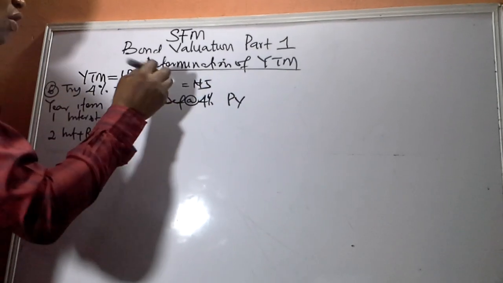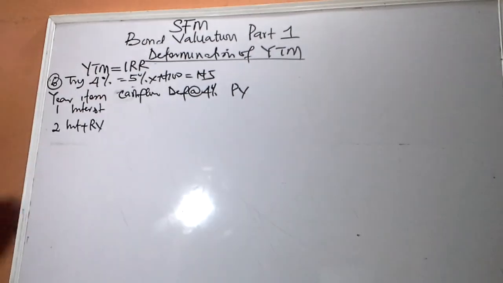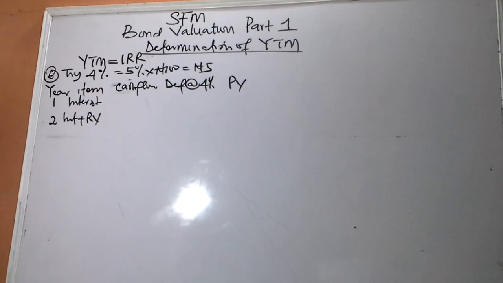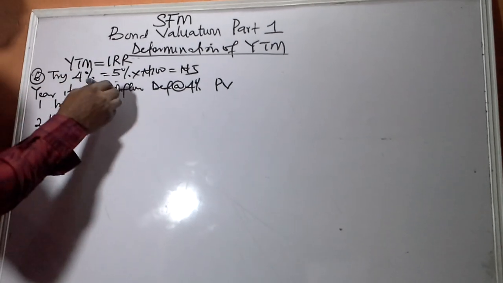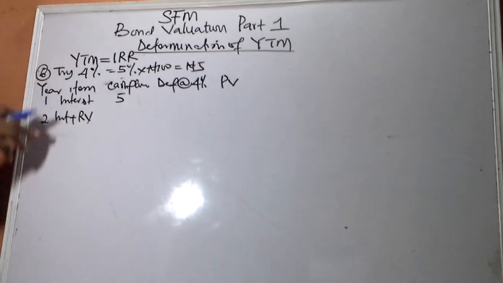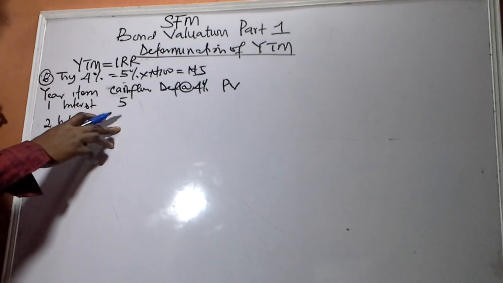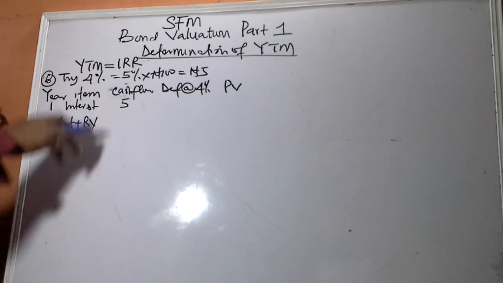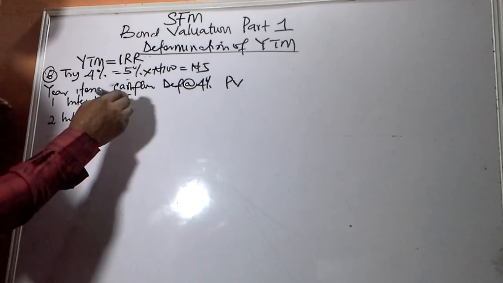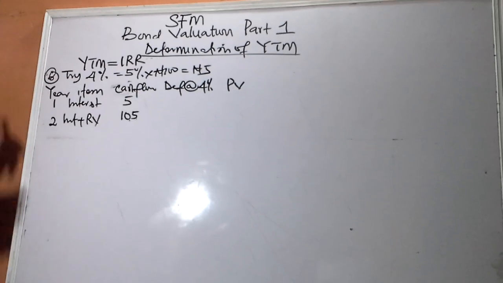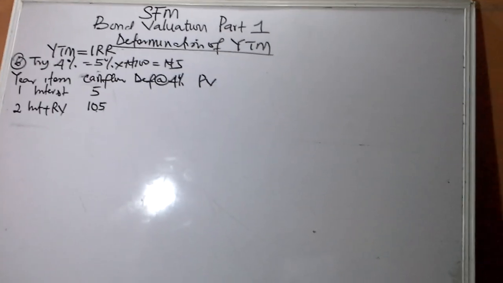That is our coupon. Like I told you earlier, you calculate your coupon based on the nominal value. So here you get 5 naira in year 1. In year 2, you also get 5 naira, plus your redemption value, that is 105, because the bond has 2 years.